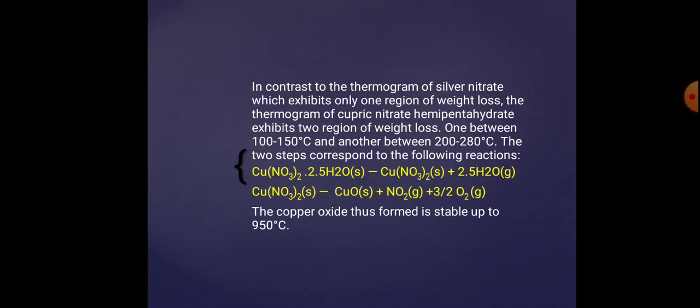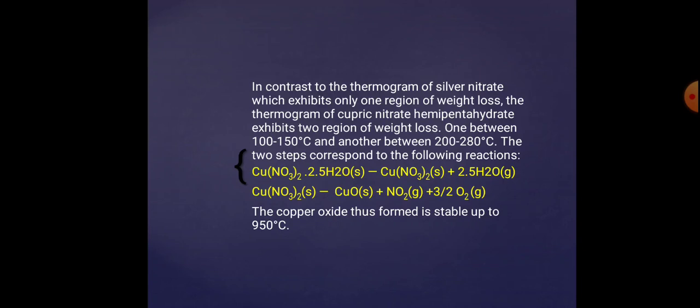But above 100 degrees Celsius the first reaction starts, and the 2.5 H2O in a gaseous phase is liberated, which is the reason for the weight loss. So the weight loss is because of the 2.5 H2O in gaseous phase simultaneously being lost.